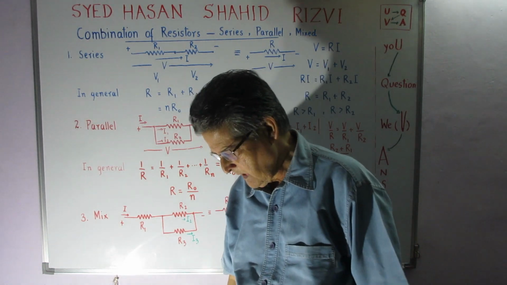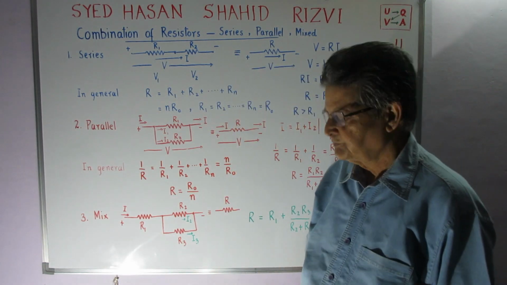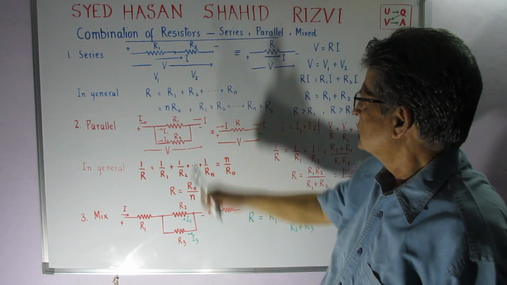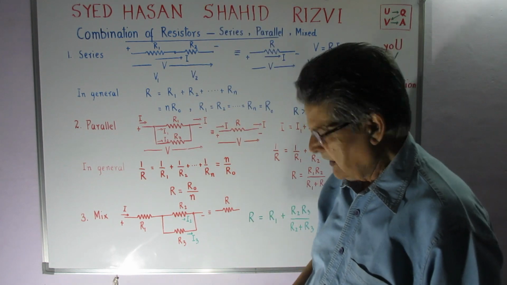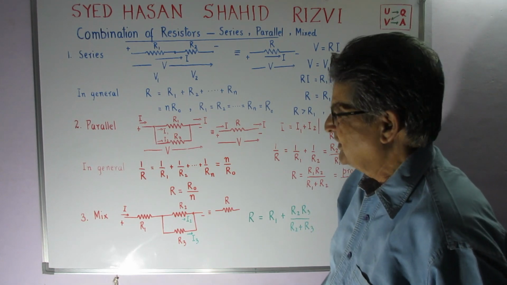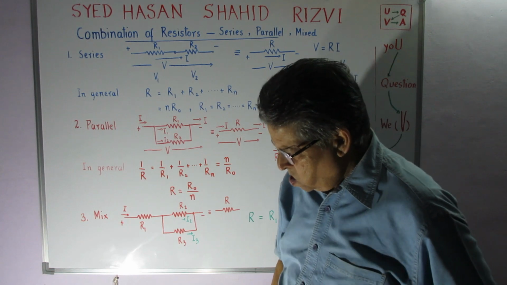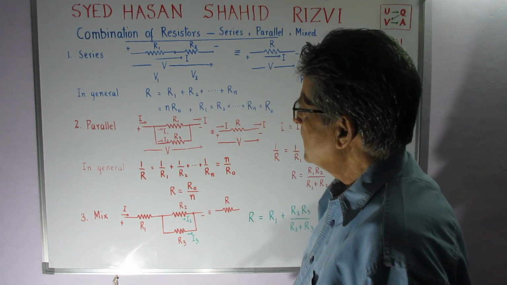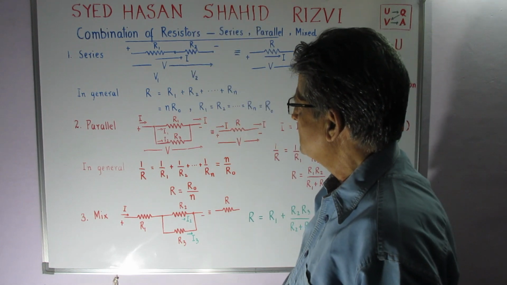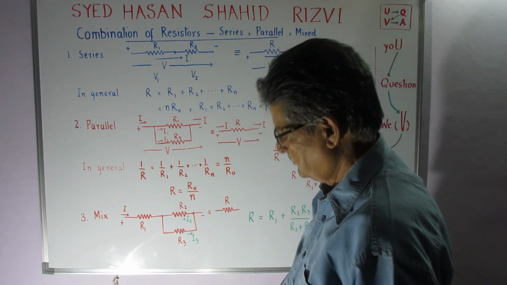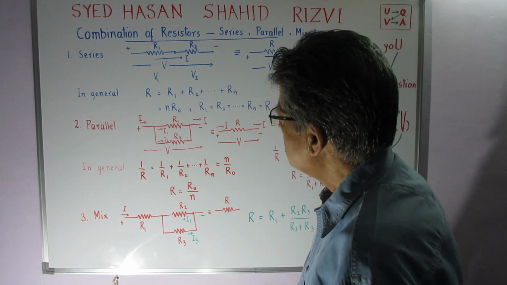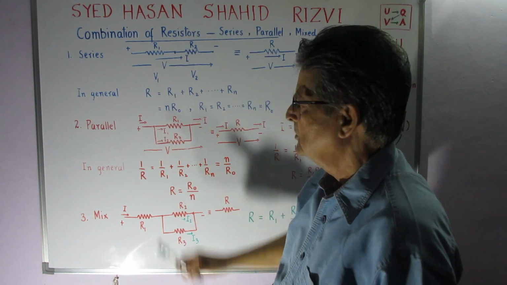So, let us take the combination of resistors, series, parallel, mixed, etc. It's very simple. First of all, I take the series combination of two resistors R1 and R2 in series, and the main thing is that the same current will pass through both of them.